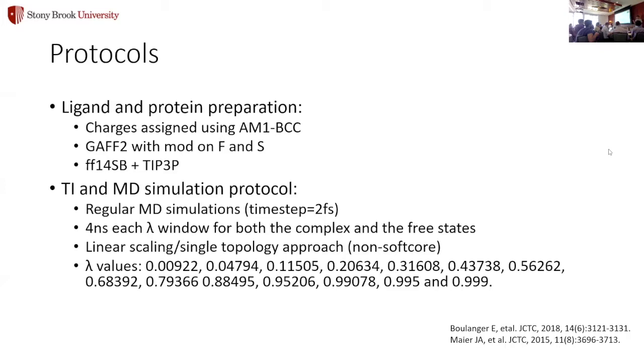And in some cases, if we are so unsure about the binding poses, we will first remove the groups using lambda, turning off the interaction using lambda, then bring it back up by turning on the interactions. So we hope things get out of the wrong positions. This is one of the ways we do it.